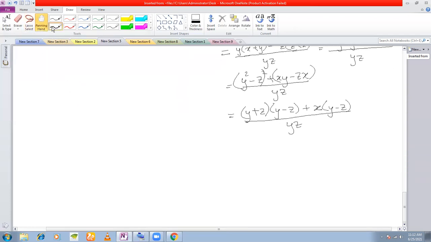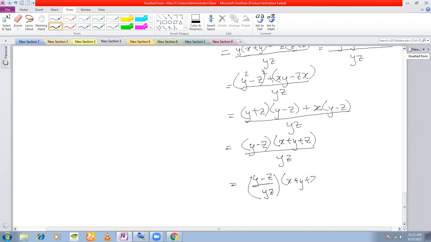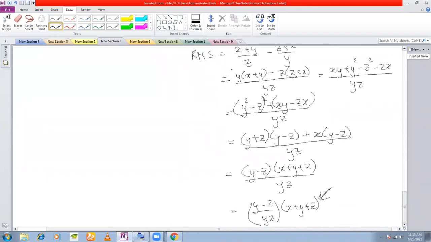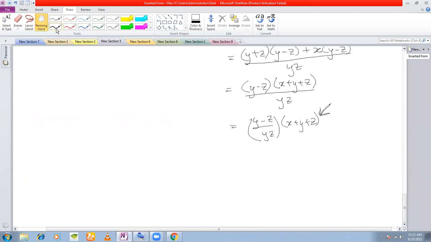So what are we getting here? (y-z) you take common, you get (x+y+z) divided by yz, which is equal to (y-z)/yz into (x+y+z). Are we getting left hand side is equal to right hand side? Check that this is our right hand side. What is the left hand side? We have got (y-z)/yz into (x+y+z). This is our left hand side. And what is the right hand side? Same thing. So LHS is equal to RHS.